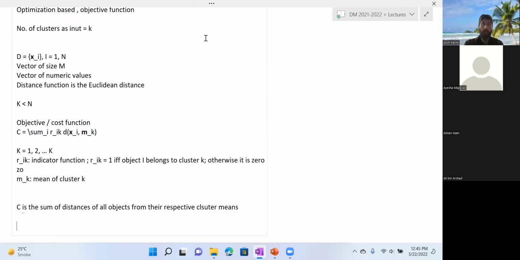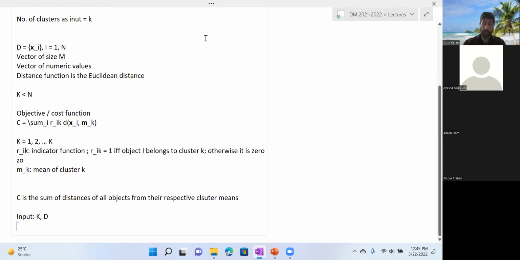So that was the objective function. So now what is the algorithm to minimize that objective function? So let's discuss the algorithm, then we will see why it works. So the algorithm is, initially you have n data points. Since k is an input, what is the input? Of course, k, and of course the data set D. Okay? So k is an input.